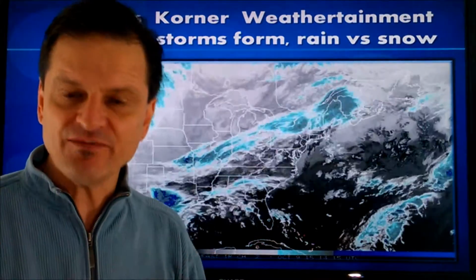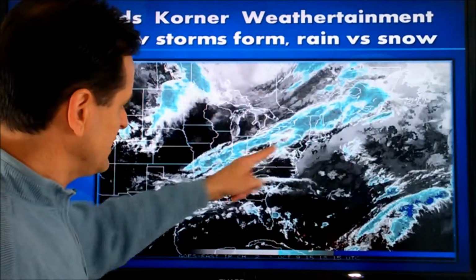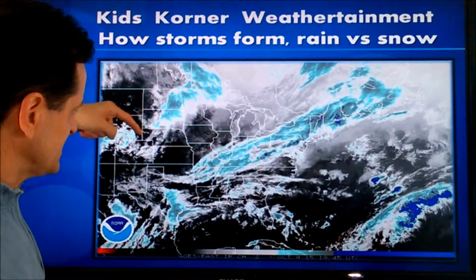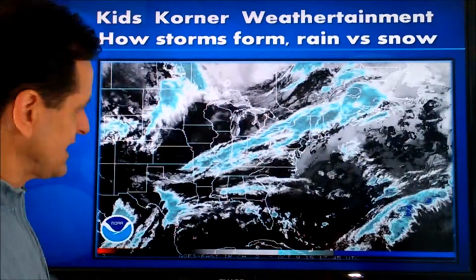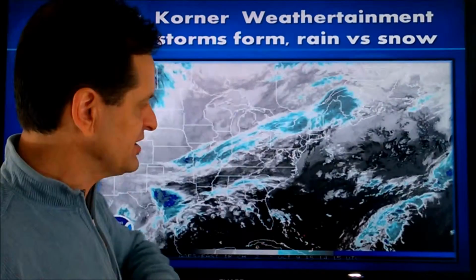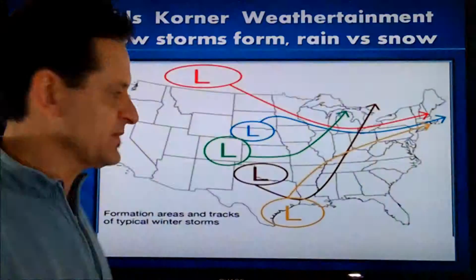So that's an obvious place for me to look and see that there's something going on here. The same can be said for this patch of cloudiness that's moving down from Canada into the United States. So these are ways we can get an idea right off the bat where fronts are located, where storms may be located, and where fair weather may be located as well.